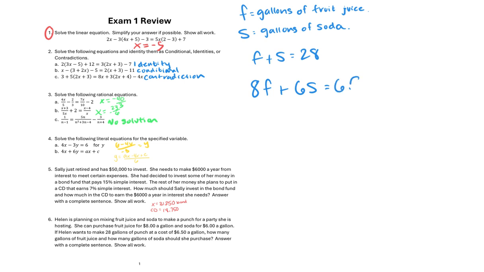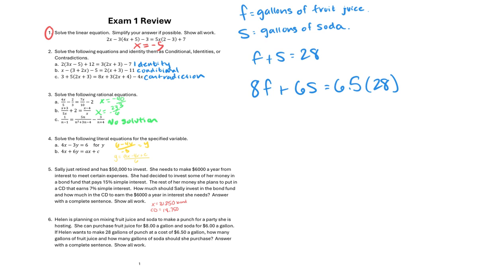We want 6.5 times 28, right? So it's the amount times the gallons plus the amount times the gallons is equal to the amount times the gallons. So now what we have here is two equations and two unknowns. And remember, if we have two equations and two unknowns, we can always solve for both.